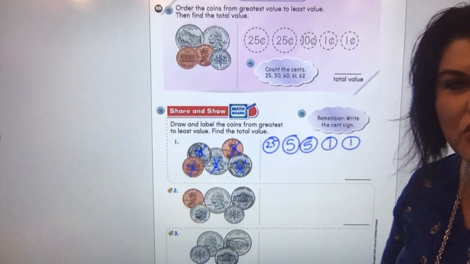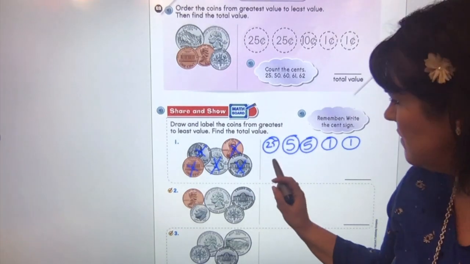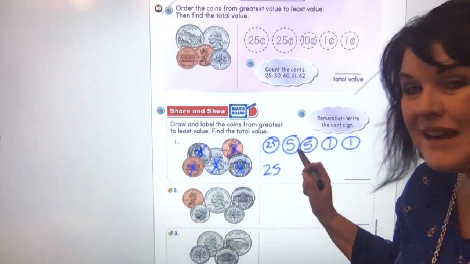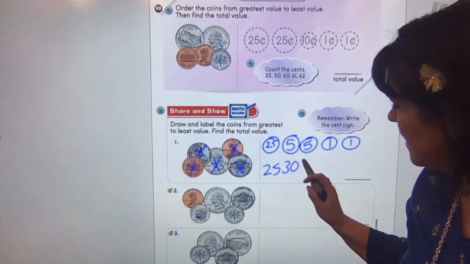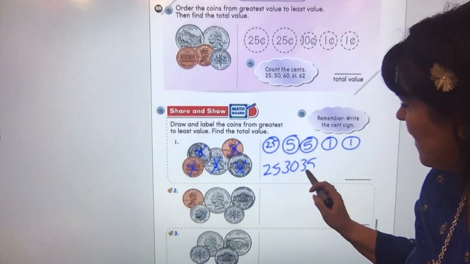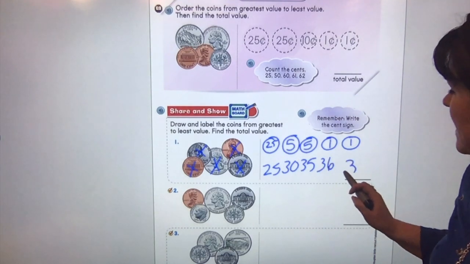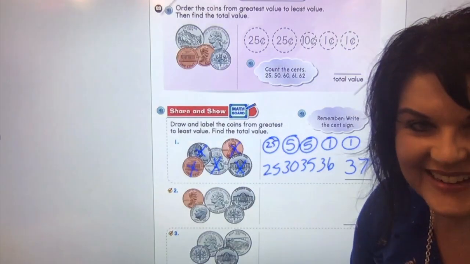Now we have them in the correct order, and we can count on. Underneath, I'm going to write 25, and I'm going to add 5 more on, which would give us 30, 35, 36, 37 cents is what we have right there.